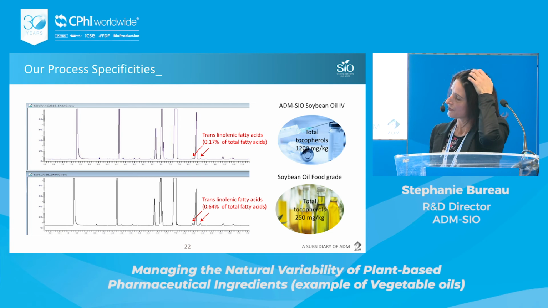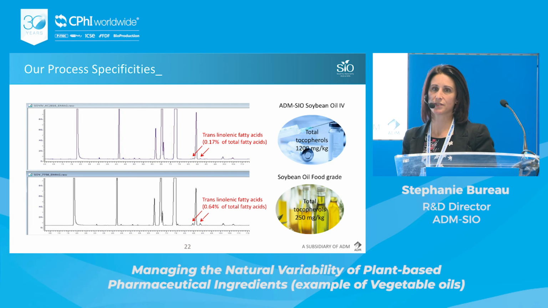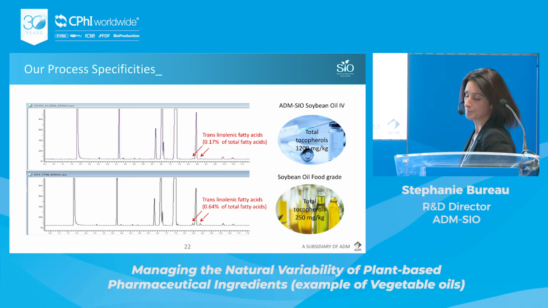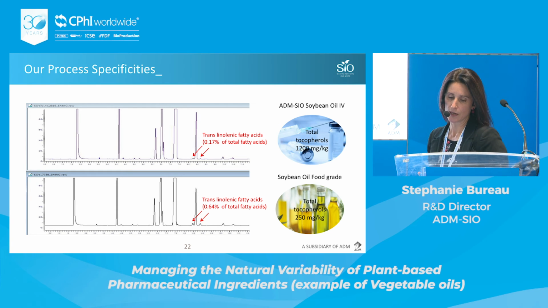So a large part of the vegetable oils that are used today as excipients for drug formulation are generally food-grade oils. Just here to show you some major differences between our process and the typical refining process that is applied to produce edible oils. First, most of the edible oils are refined using a continuous process and can be either chemically or physically refined.